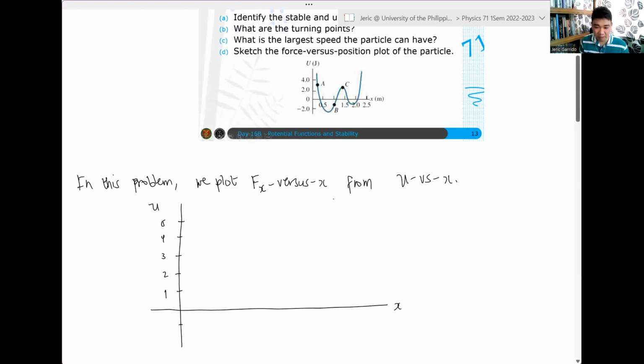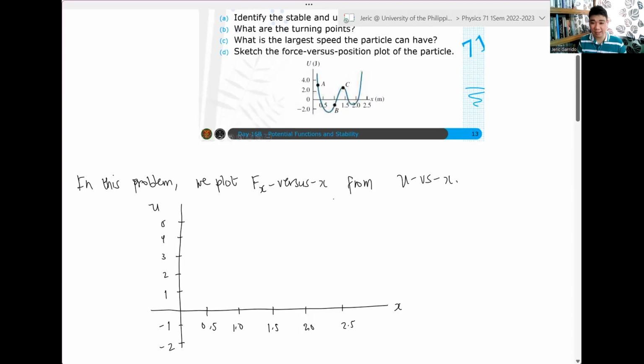Tapos ang displacement is from 0.5 to 2.5. So this is 0.5, 1.0, 1.5, 2.0, 2.5. This is minus 1, this is minus 3.